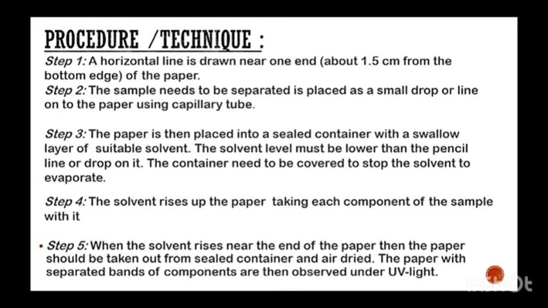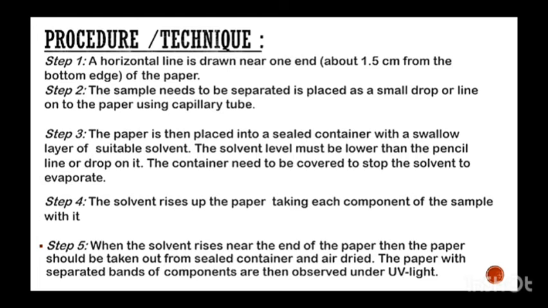The pattern which we have obtained, because of the separation of the different molecules, is called a chromatogram. The paper is called a chromatogram. The paper with separated bands or components is then observed under UV light.